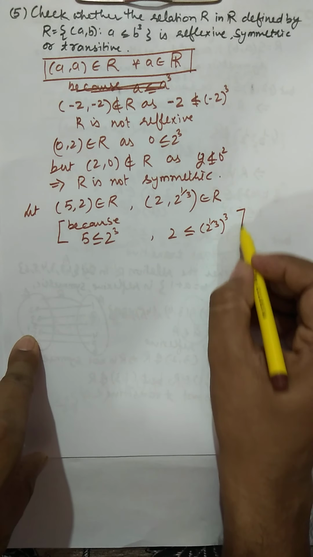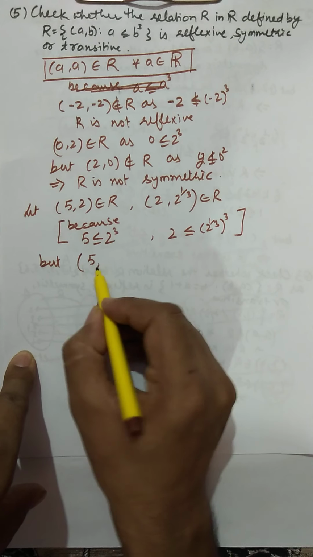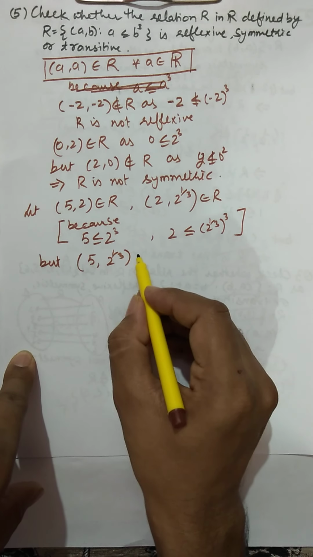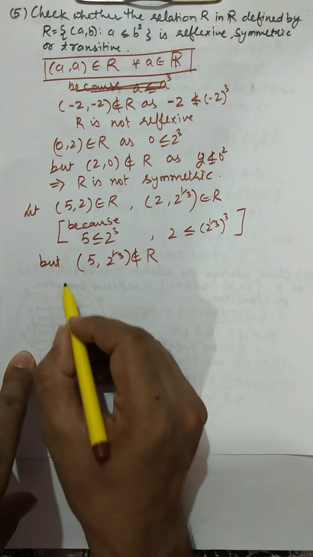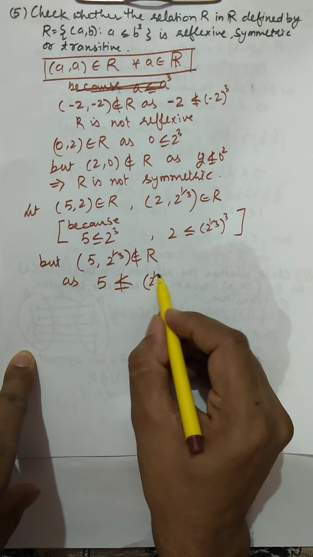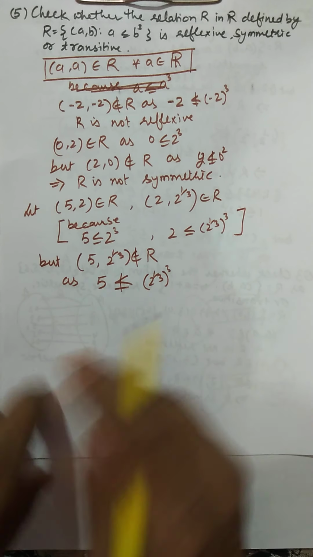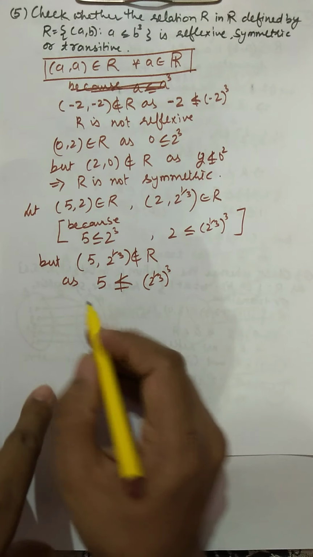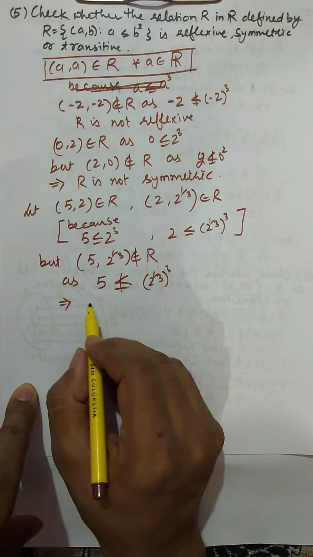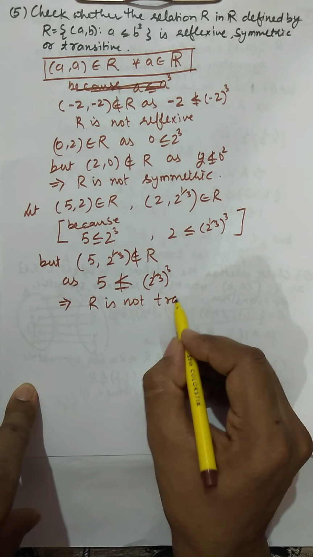So this is all true, but (5, 2^(1/3)) does not belong to R, as 5 is not less than or equal to (2^(1/3)) whole cube, which is going to be 2. So 5 is not less than 2. So now you can simply say that R is not transitive.